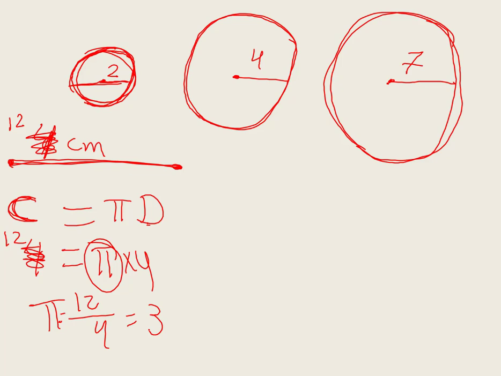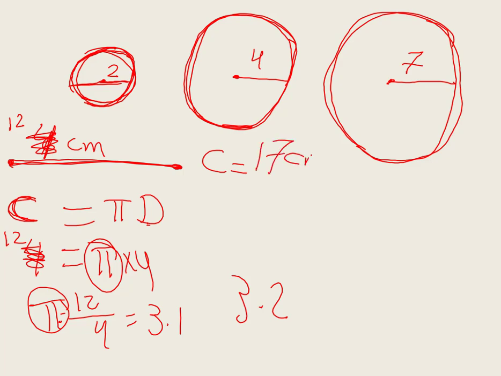Okay? We do that. Why do we do that? We do that to show that the value of pi is a constant value. So that will be 3.1 or 3.2. And when we measure the length of this string also, we get the circumference. For example, it will be 17 or 18 centimeters.